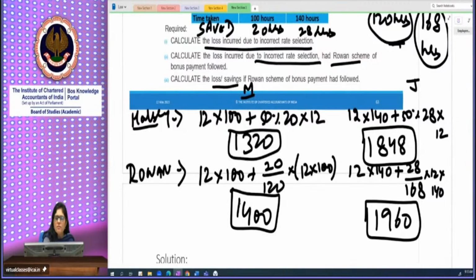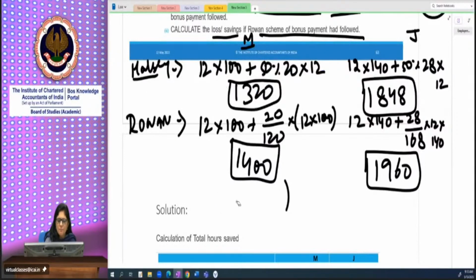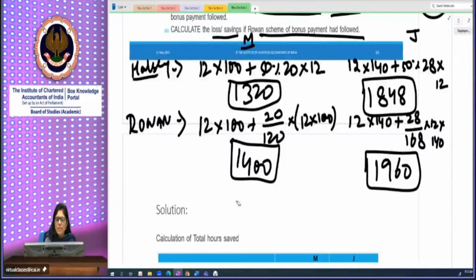Calculate the loss or savings if the Rowan system of payment is followed. So loss or savings, that means they are asking what is the loss if the Rowan scheme is followed. All right. That means the excess. So how much is the excess if Rowan is followed? 1400 minus 1320. So if we are following the Rowan system, the excess loss is 80.